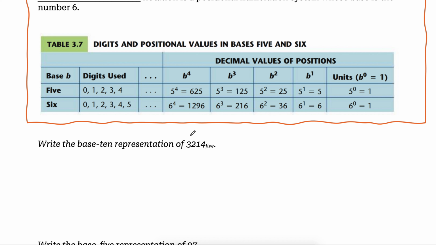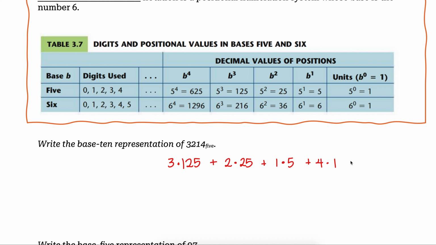This is 3214 base 5. So again, this means 3 times 125 plus 2 times 25 plus 1 times 5 plus 4 times 1. So again, to think of our place values: the ones place, the 5's place, the 25's place, and then the 125's place.